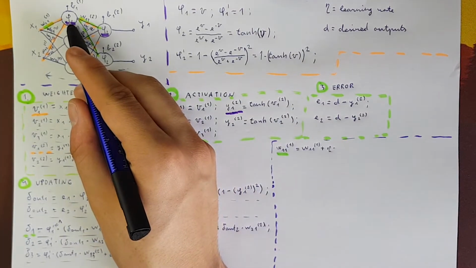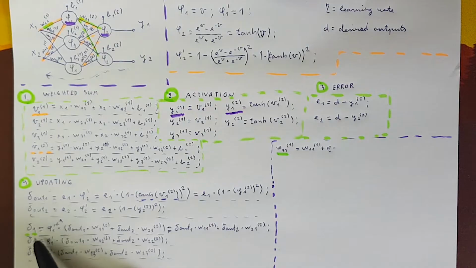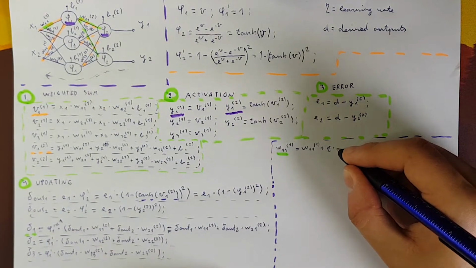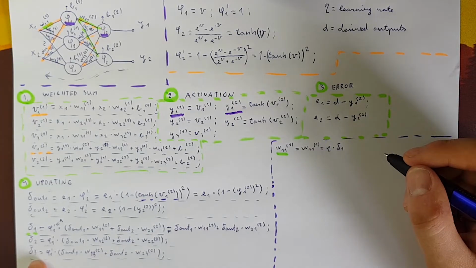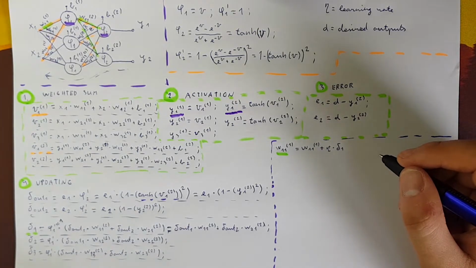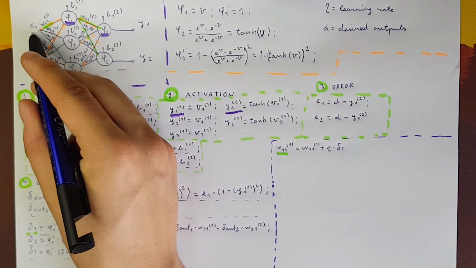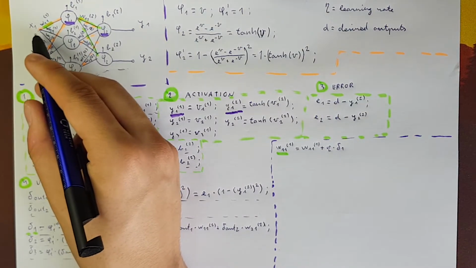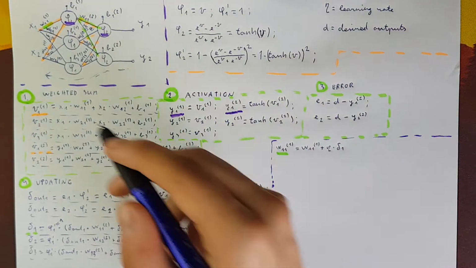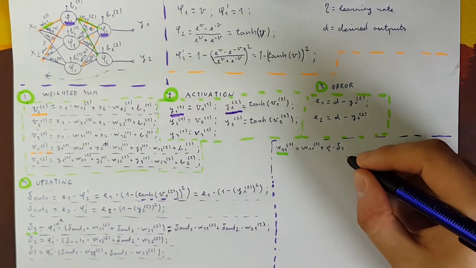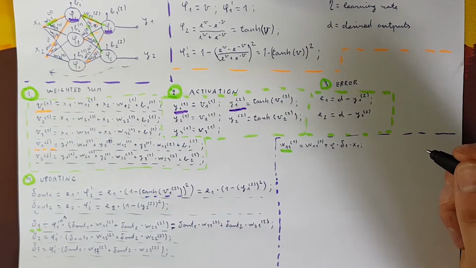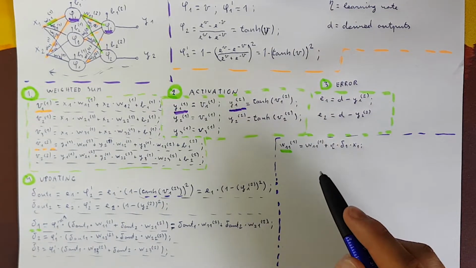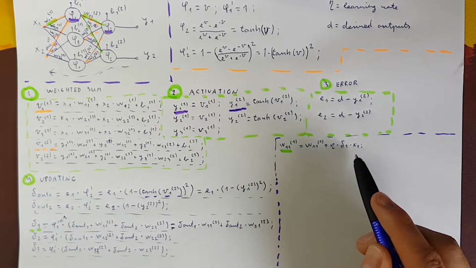So this is the first neuron, so we take the first delta, multiplied by that delta and multiplied by that input which the weight is connected to, so x1 in this case. And this is how the weight is updated.